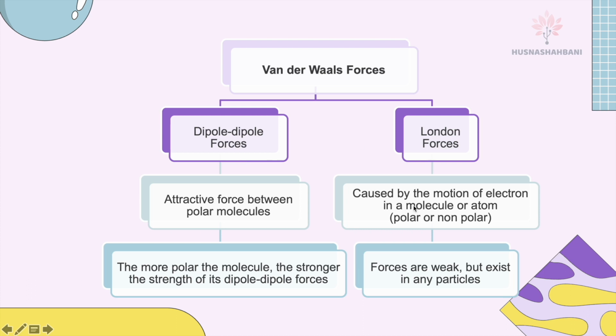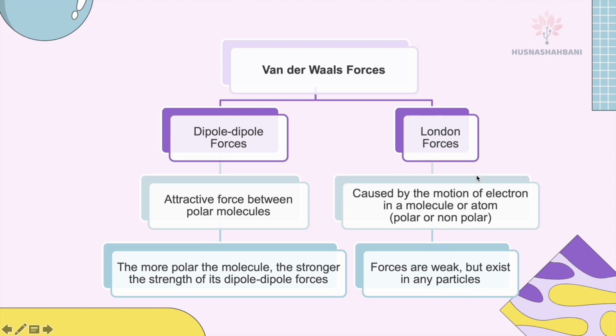London forces are caused by the motion of electrons in a molecule or atom. These London forces exist between non-polar particles, and also exist in polar molecules. So basically, London forces exist in any particles, whether polar or non-polar.